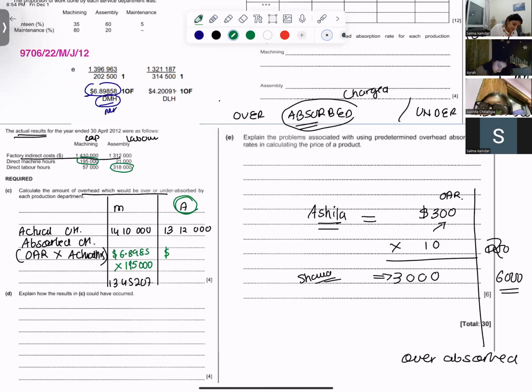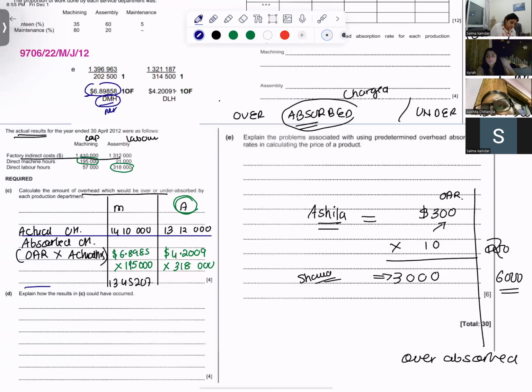First, you will take the overhead absorption rate, multiply it with the actual hours. So that will be 318000. And you will take the actual hours depending upon whether it was machine intensive or labor intensive. So, what is your absorbed overhead for this department?